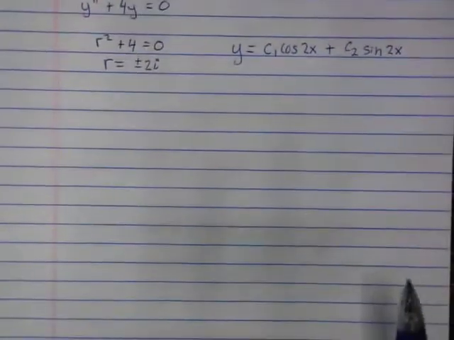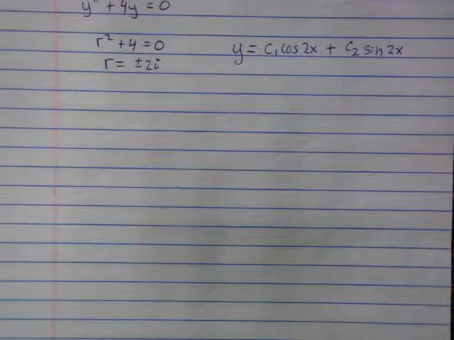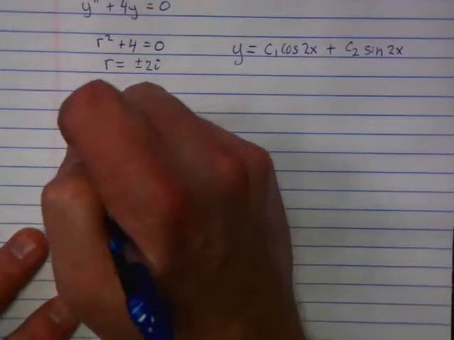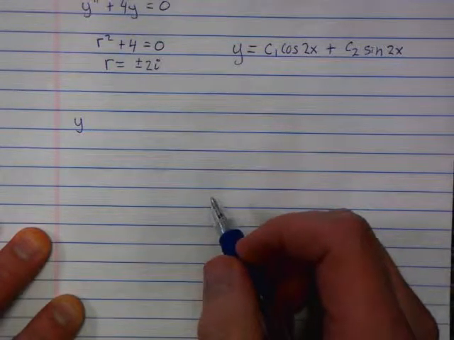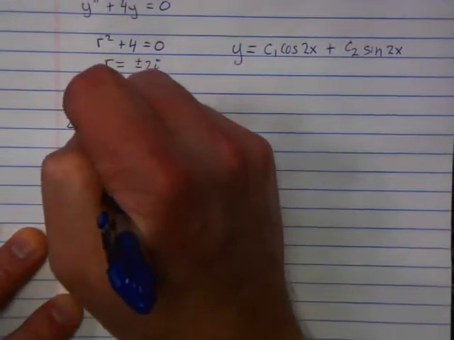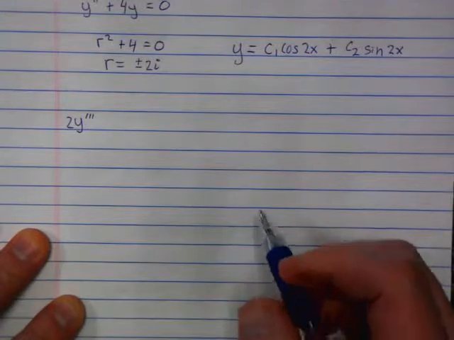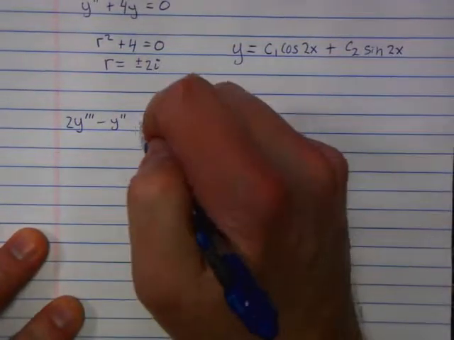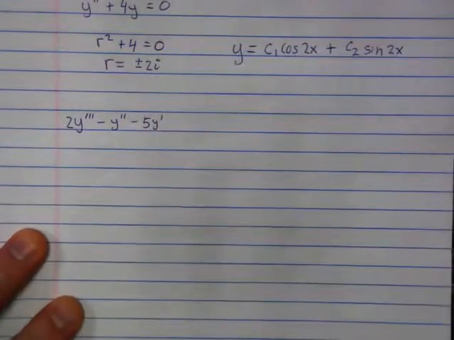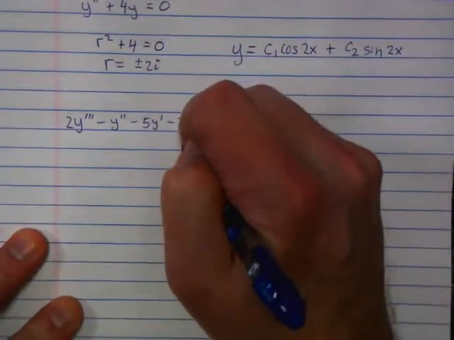All right, now let's look at one of these ones that I wanted to do before. I was all excited about. 2y triple prime minus y double prime minus 5y prime minus 2y equals 0.